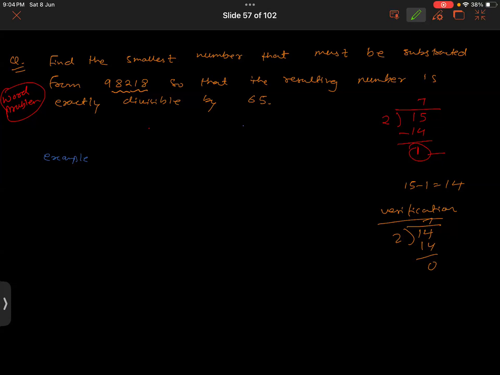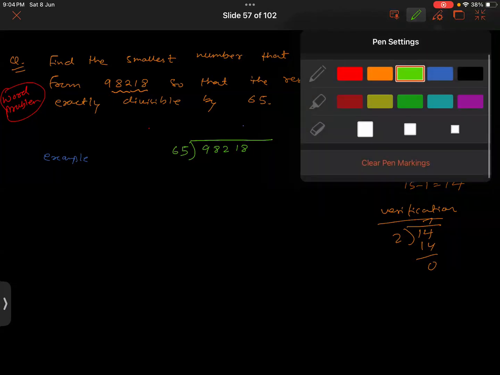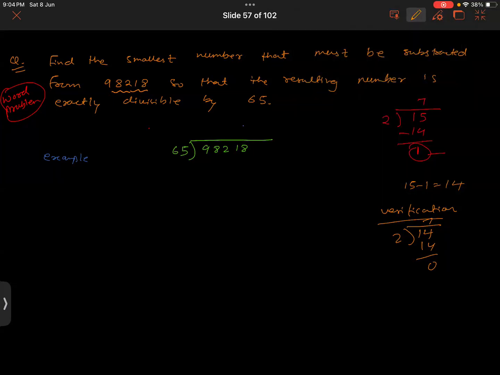So right now, solve it. 98,218. Just carry out the normal division first and let me know whether you are also getting the same remainder as Sumaya is getting. Sumaya, what was the quotient you were getting for this number, by the way? This 98,218.